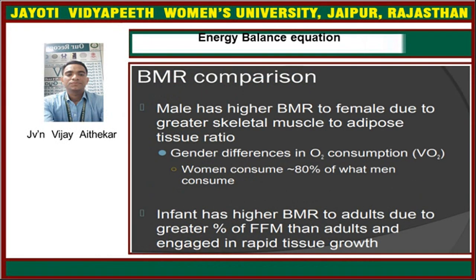BMR comparison: males have a higher BMR than females due to greater muscle to adipose tissue ratio. Gender difference in oxygen consumption VO2: women consume 80% of what men consume.